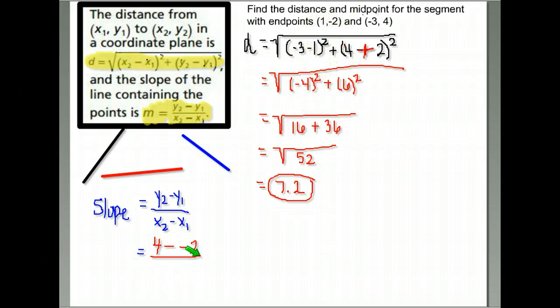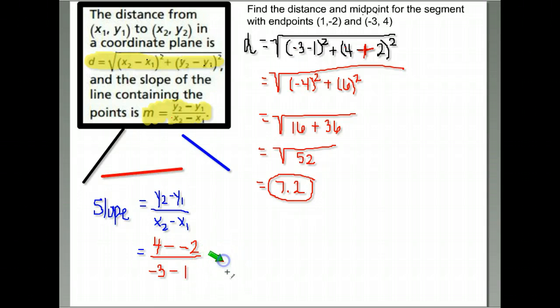On the bottom, we have x2, the x from our second point, which is -3, minus x1, the x from our first point, which is 1.